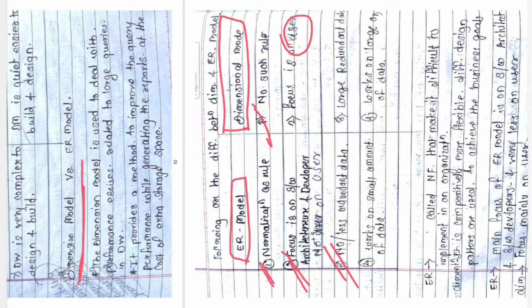And here, as we are dealing with a data warehouse, there will be a large amount of redundant data. Then number 4, here it works on the small amount of data. Definitely, as we are dealing with the data warehouse in the dimensional model, the amount of data will be very large. Okay.